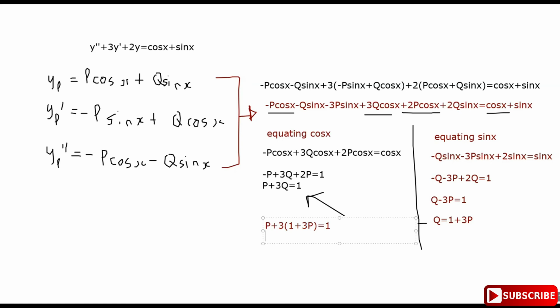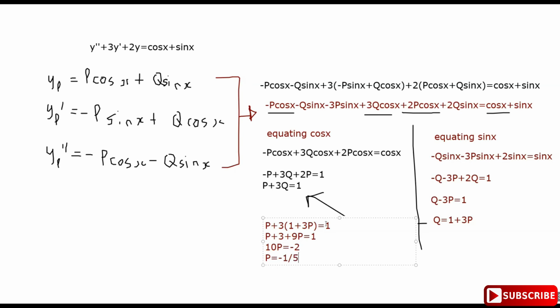Going down, I get p plus 3 plus 9p is equal to 1. So what I'm getting is 10p is equal to, carry over the 3, negative 2. So p is equal to minus 1 over 5.